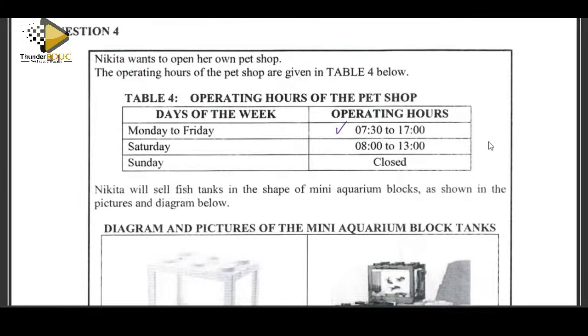We say 17 hours minus 7:30, and here you get 9 hours and 30 minutes. Then, what about the Saturday? It's from 8 to 13, so how many hours are those?